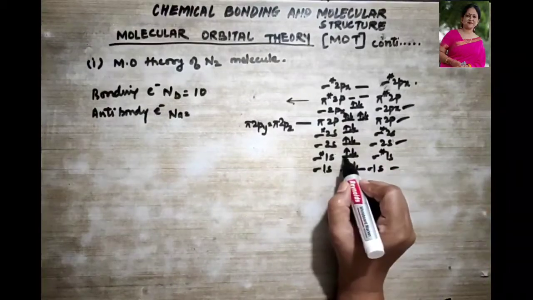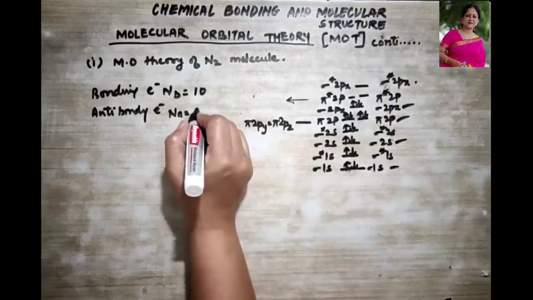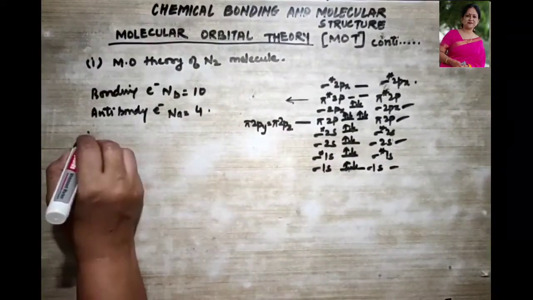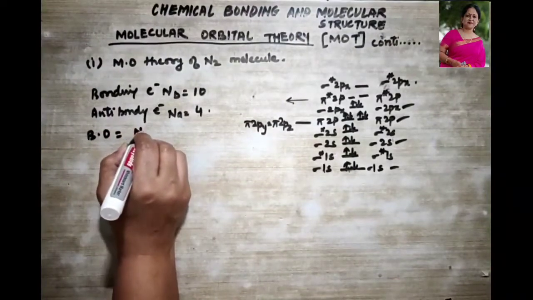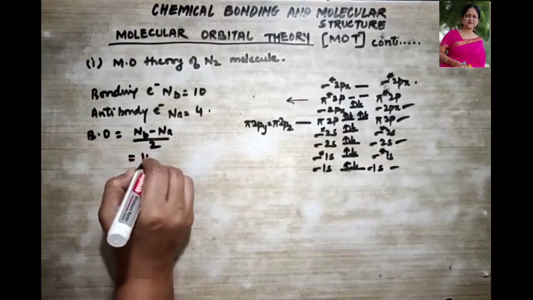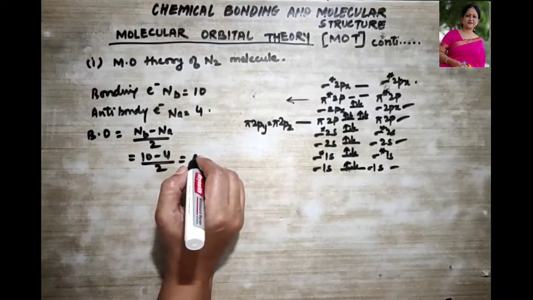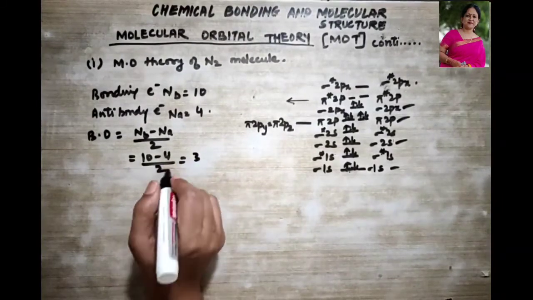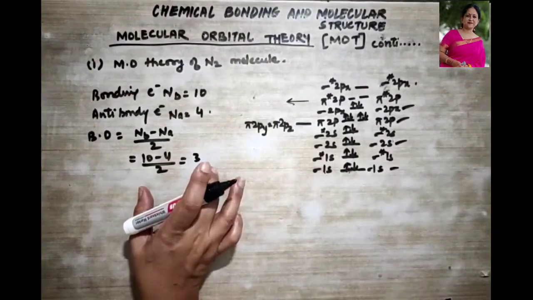Antibonding means 2, 4. Here there is nothing. This is equal to 4. So what is the bond order over here? Bond order is equal to Nb minus Na upon 2. This is 10 minus 4 upon 2. So this becomes 6 upon 2, that is 3. Okay. So bond order is 3.